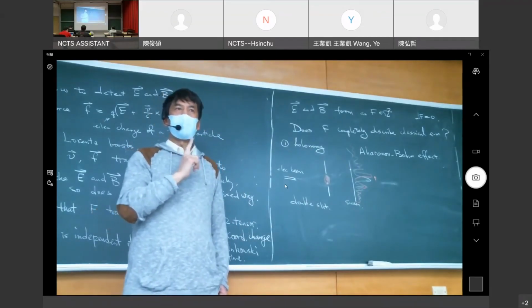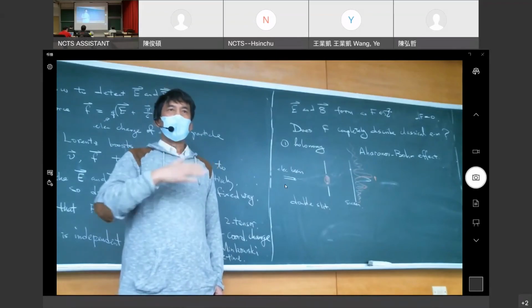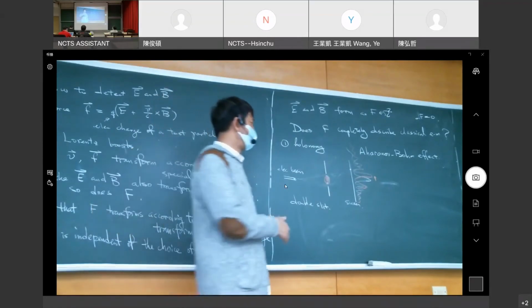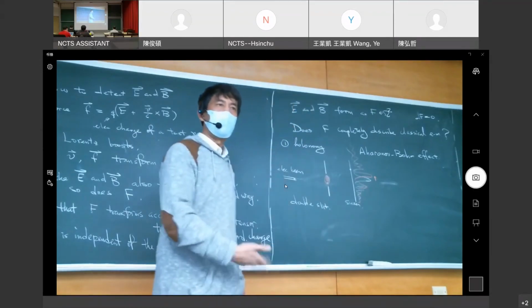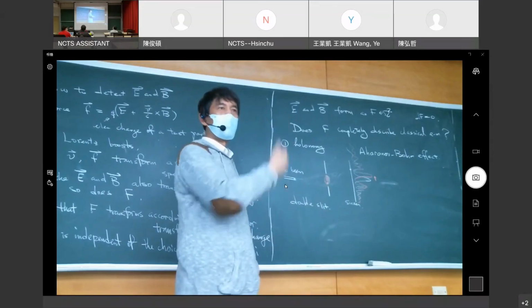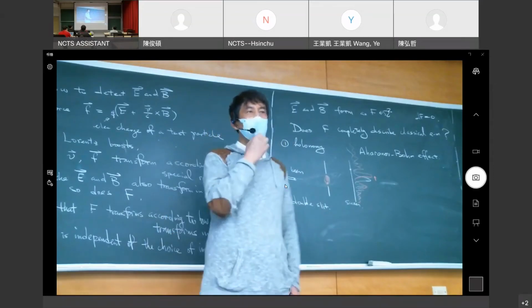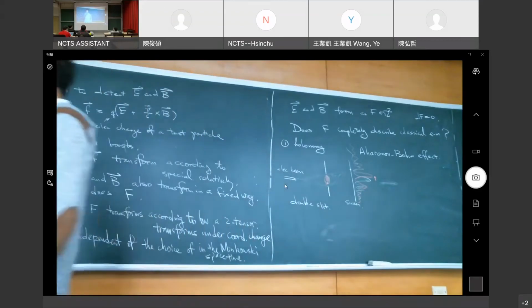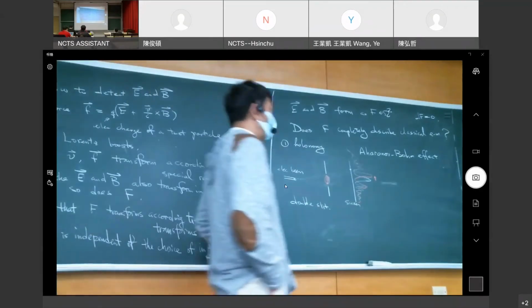And that is the evidence that even in the region of flat connection, there's still a physical effect on the outside world, which has some interaction with the electromagnetic field. So that means electromagnetism is not just local.